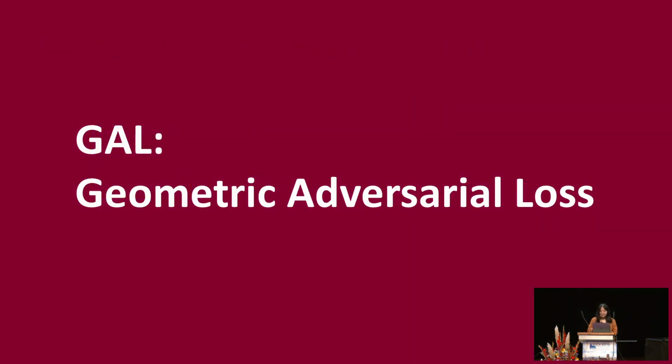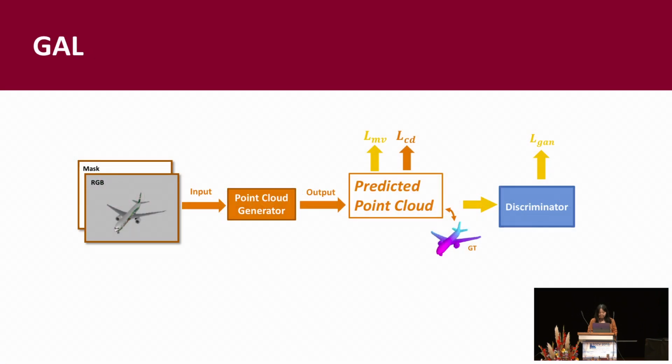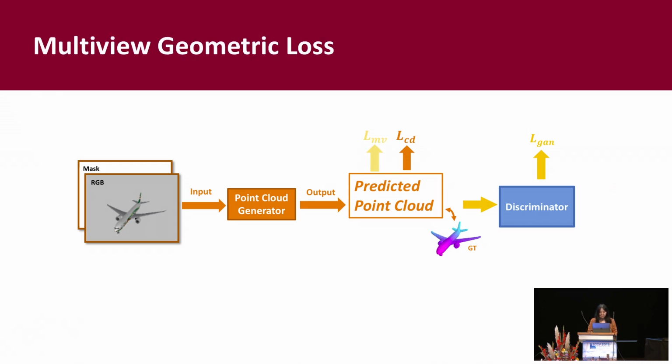Now, I'll introduce the geometric adversarial loss in detail, which is a major component in our framework that introduces our global constraint. First, for a 3D model, we want to enforce it to follow the 3D geometry by a multi-view geometric loss.